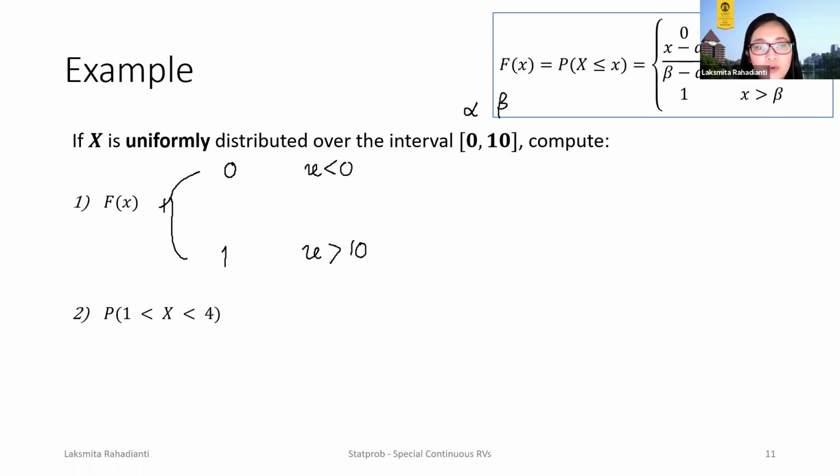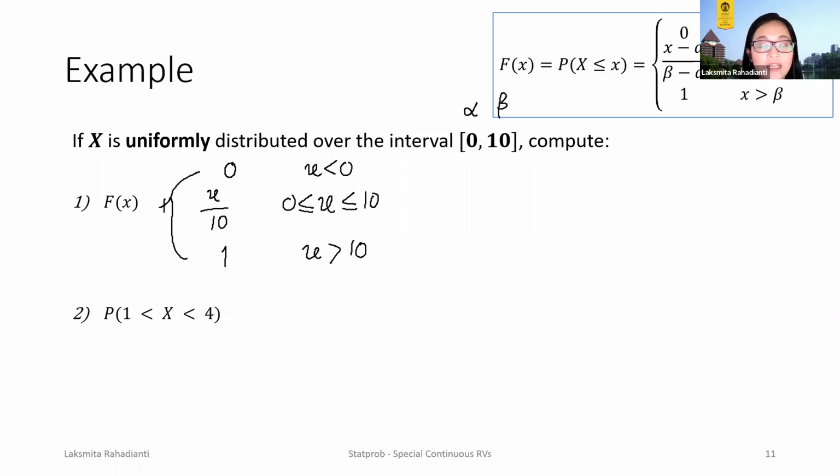And here it would be X minus alpha, which is 0, and I don't have to write that down. So X minus 0 divided by beta minus alpha, which is 10 here, for X larger than 0 and less than 10. So that is first how we can rewrite our previous PDF into a CDF.